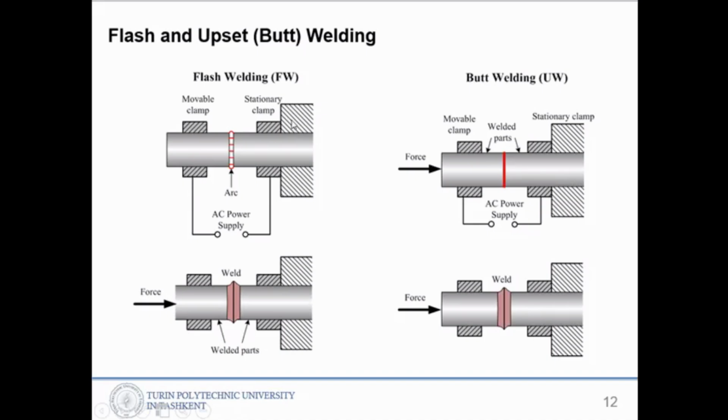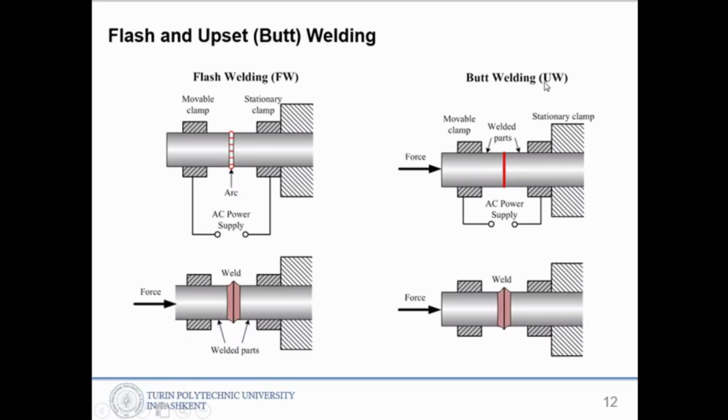We are using AC power, and using this AC power we make an arc in the touching place. That is flash welding, with a kind of flashing in the touching place. And the second welding type is upset welding or butt welding.